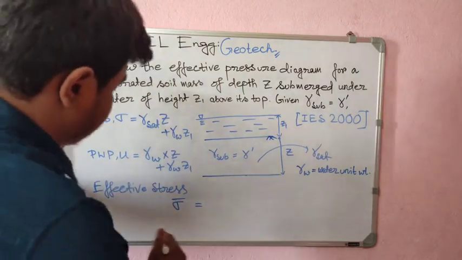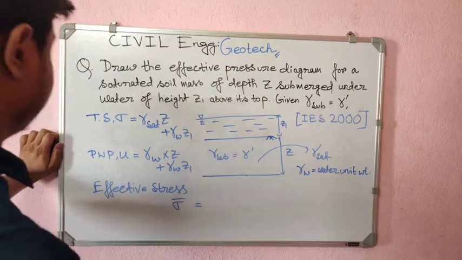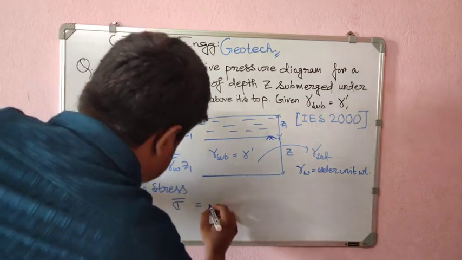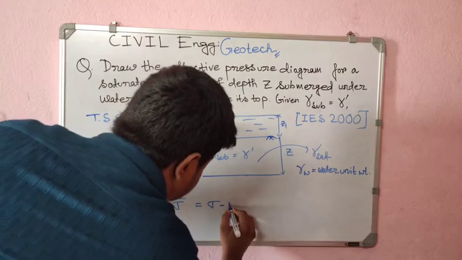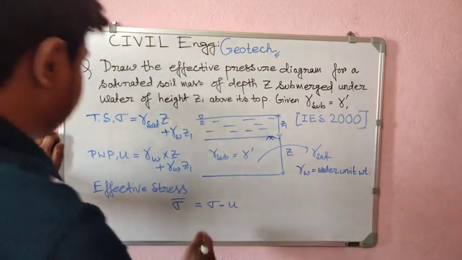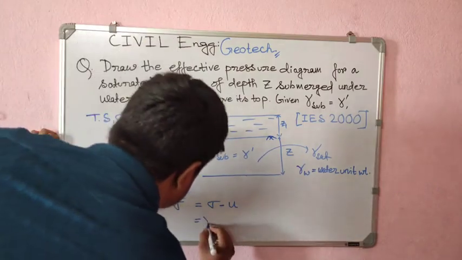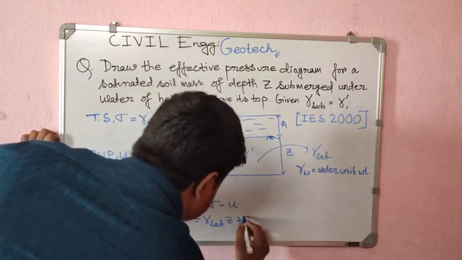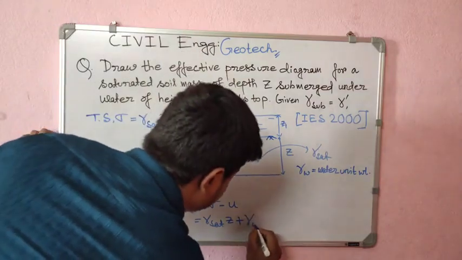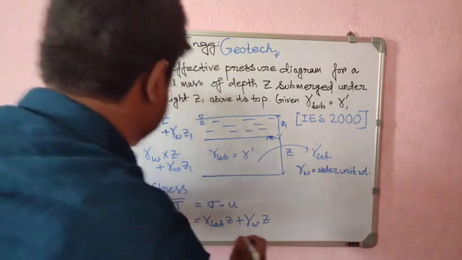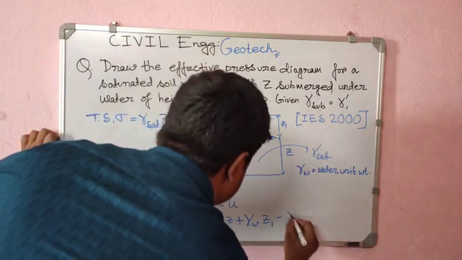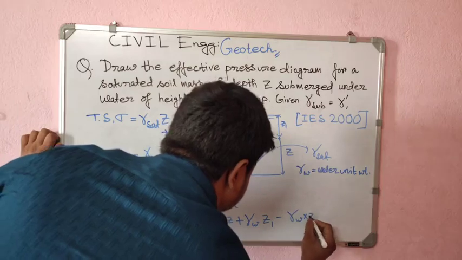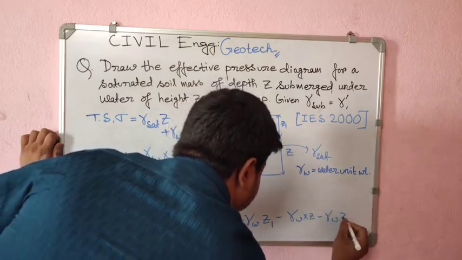Now we will subtract the pore water pressure from the total stress, that is sigma minus u. So sigma here is gamma sat into z plus gamma w into z1, minus gamma w into z minus gamma w into z1.